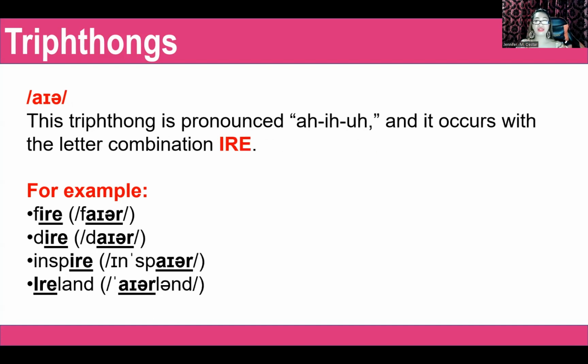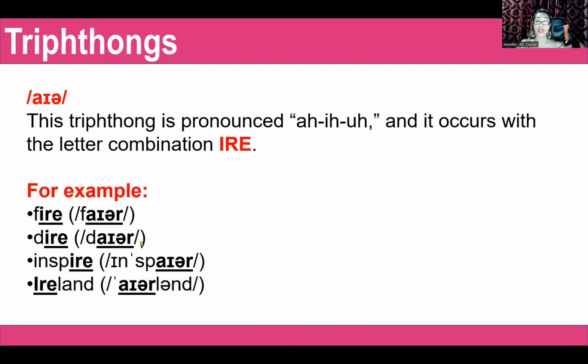Then let's have the aye. It occurs with the letter combination of I-R-E, pronounced as I. So this is pronounced as fire, not fire, since we have three sounds in one syllable.